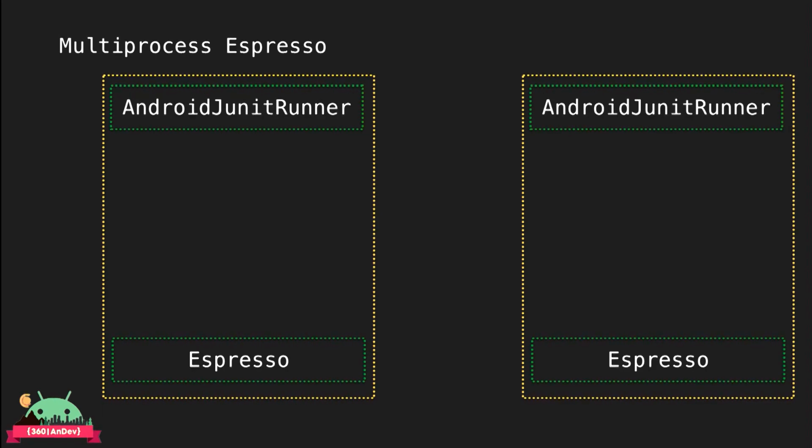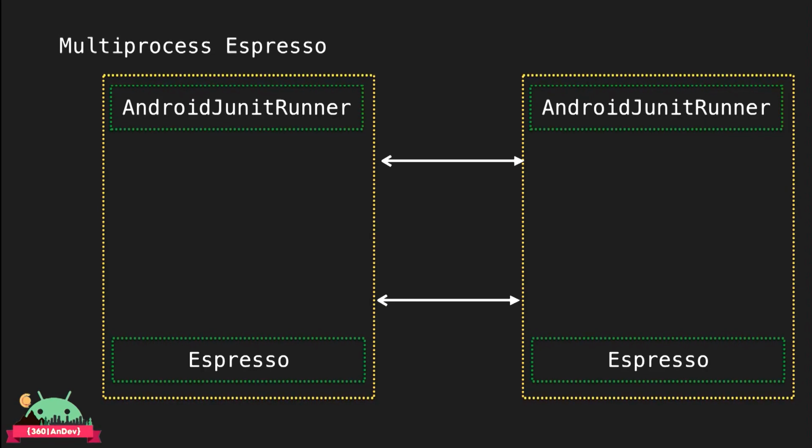Okay, more news: Multiprocess Espresso. The idea is that you have your activity, and you have your instance of Android JUnit runner and the Espresso. If your interaction is clicking a button and opening a new activity, you are creating a new process with a new instance of the JUnit runner and Espresso. And the communication is not guaranteed in that case.